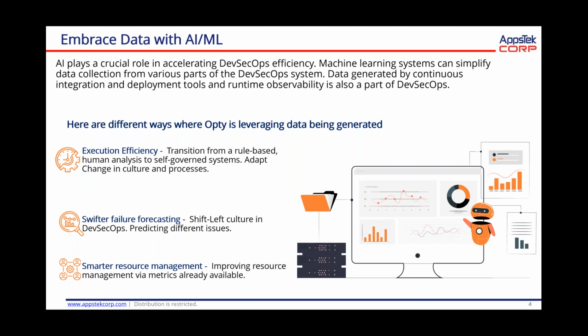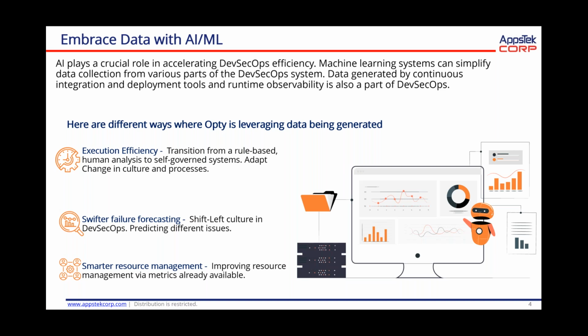Swifter failure forecasting, the entire shift left culture. If you look at your traditional systems, you build an app, you deploy it, and then there is a huge load, and people will ask, hey, can I spin up more VMs? Can I pick up more instances? Shift left culture says, I don't want to wait till an issue happens. I don't want to realize in production that there is some kind of an issue.